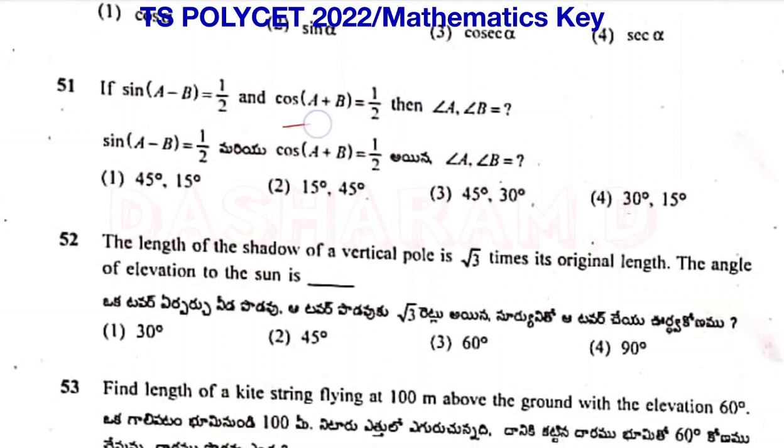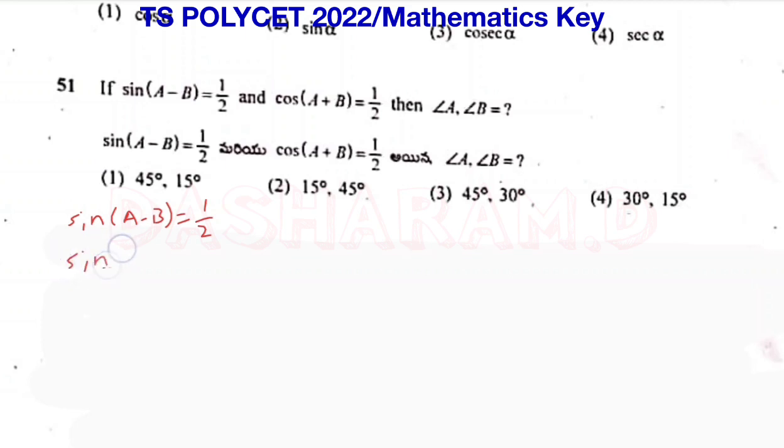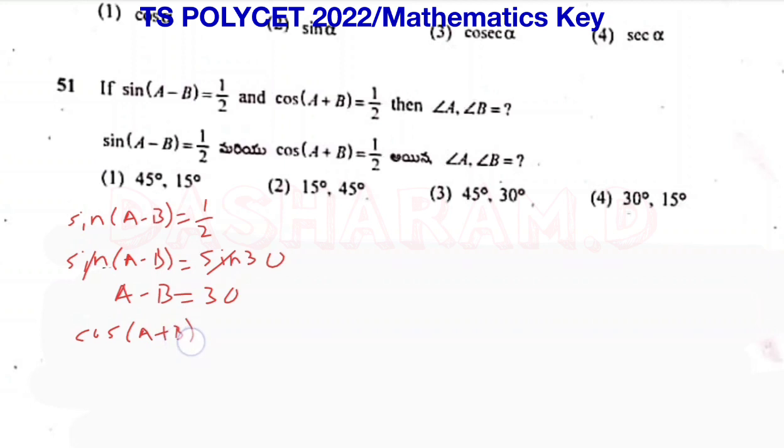Next, question number 51. Sin(A minus B) equals 1 by 2, cos(A plus B) equals 1 by 2, then angle A, angle B. Sin(A minus B) equals 1 by 2, but 1 by 2 can be written as sin 30 degrees, then sin cancels, then A minus B equals 30. Next, the second one, cos(A plus B) equals 1 by 2, which means cos 60 degrees, cos cancels, then A plus B equals 60.